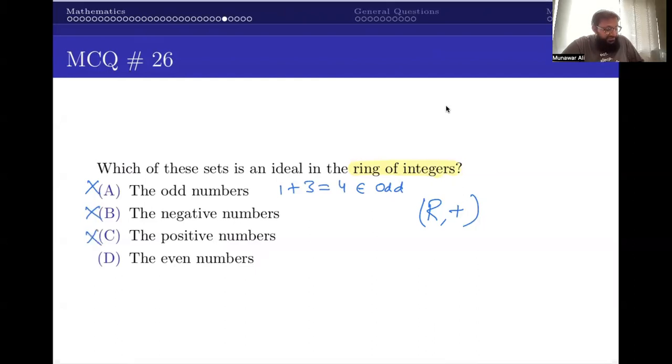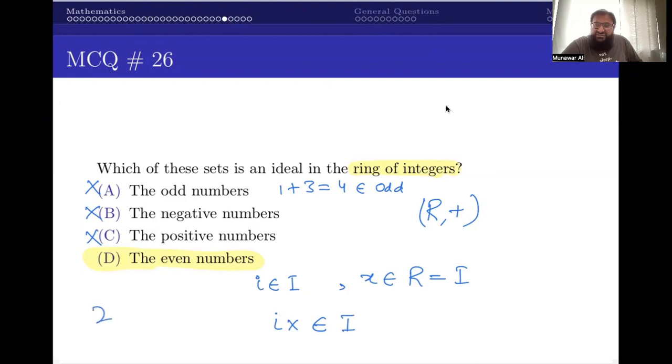But the even numbers make a subgroup under addition. So it's going to be the ideal in the ring of integers. And the second property that it must satisfy is that you take any element from the ideal, meaning any even number, and any x from the ring, so an integer, you multiply them, and it should again be an element of the ideal.